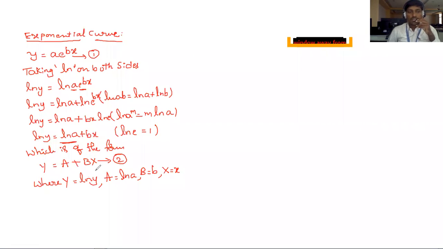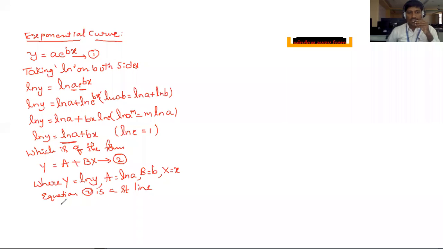Okay, so now equation 2 is a straight line. So to fit a straight line, what are the normal equations? We have to write the normal equations for this one.